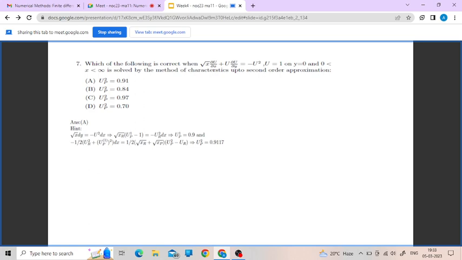Using those, you can go through the solution and you can get the answer. These sample questions will help you to solve the assignment questions.